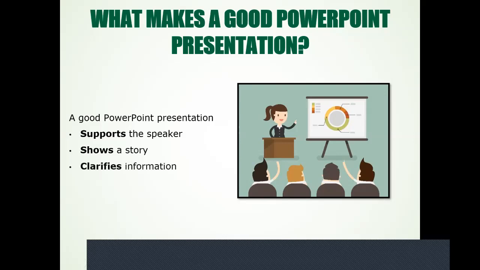This point is important because if your slides are vague or confusing, you're just going to confuse your audience, and they're going to focus more on what they don't understand about the slides rather than what you have to say, which is the opposite of what you want. You want the slides to clarify what you're sharing through your speech, not give the audience more questions.